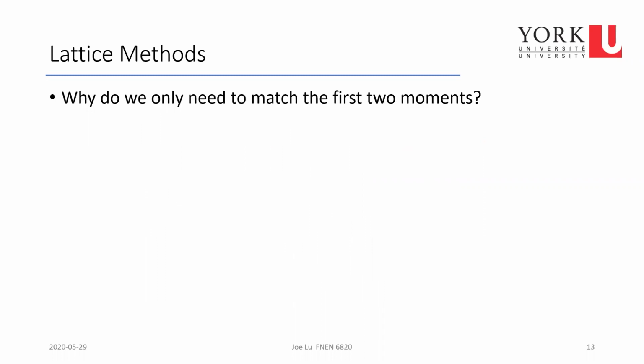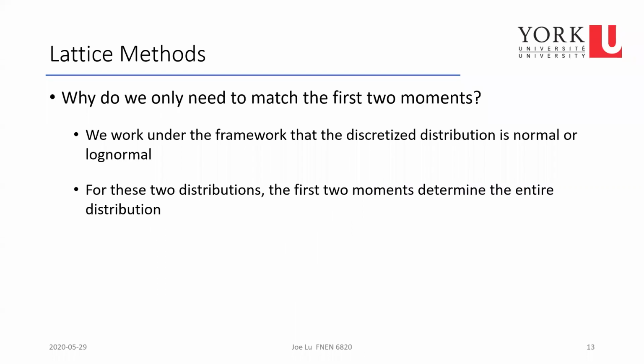Well, the answer to that question is that when we deal with the discretization, under most of the frameworks that we have, we are looking at a resulting distribution that is either a normal distribution or a lognormal distribution.